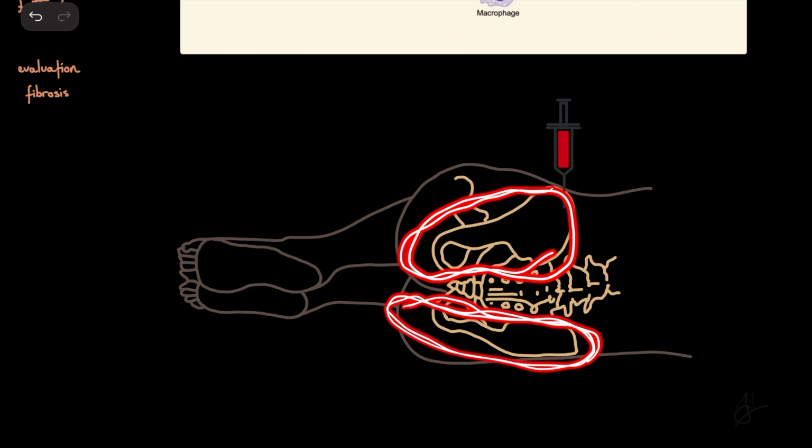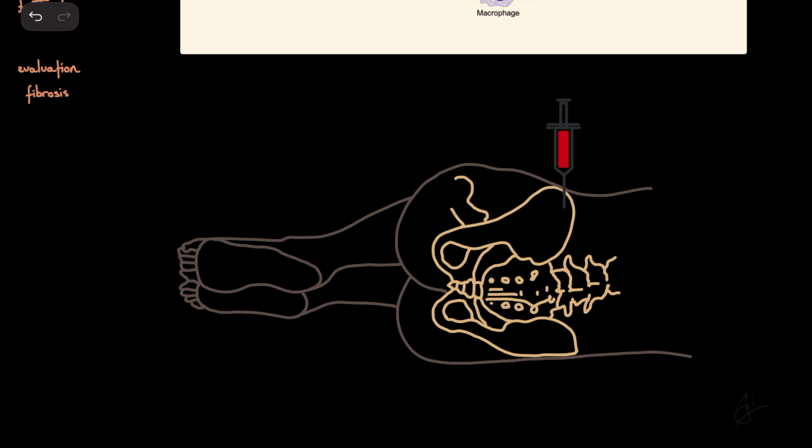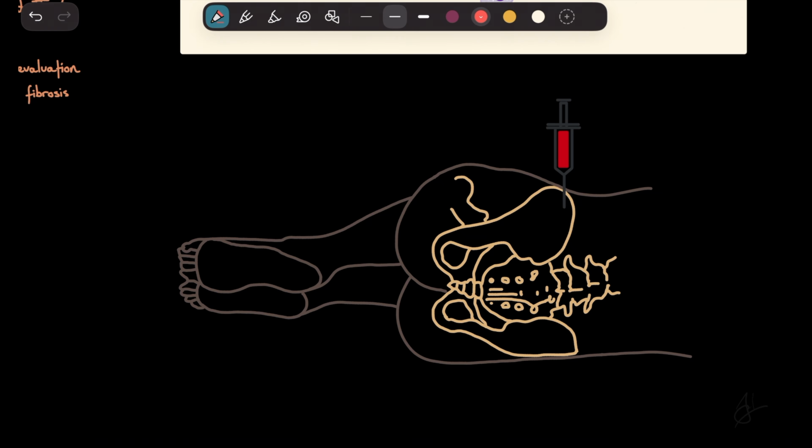And this is a great site of entry to test bone marrow. All right, so this top portion of my pelvic bone here is called the ilium. So in red is the ilium, and this topmost edge of the ilium is the iliac crest.